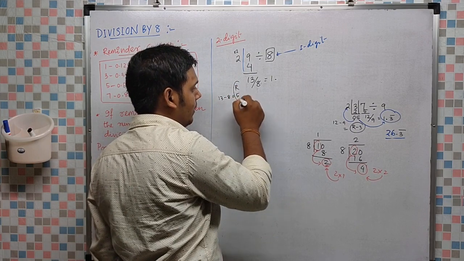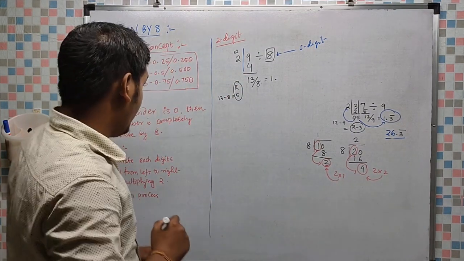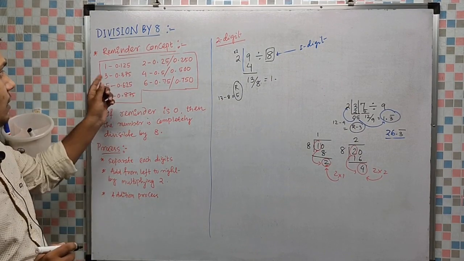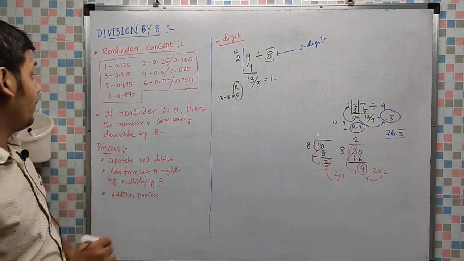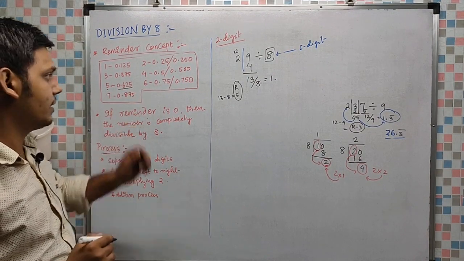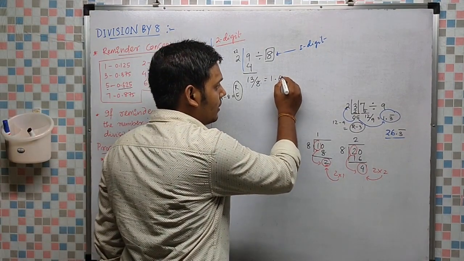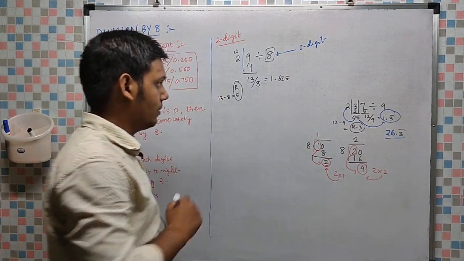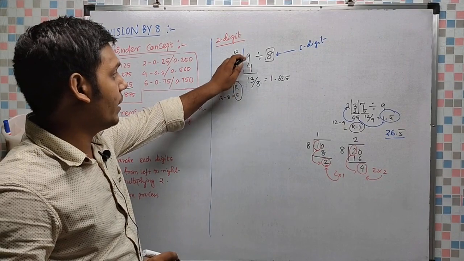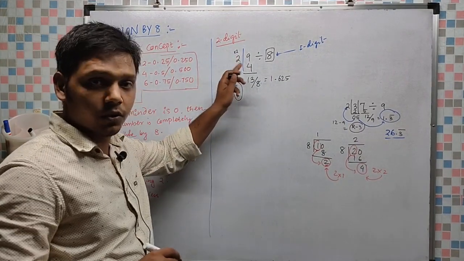Remainder 5, and this is where we use the remainder concept: where 5 is the remainder, we write 0.625. So what I have done: first 2 into 2, that is 4, and 4 added with 9, that is 13.